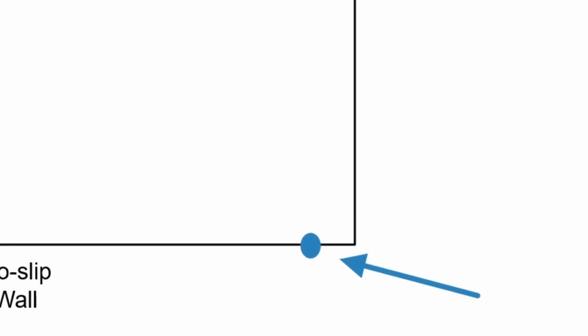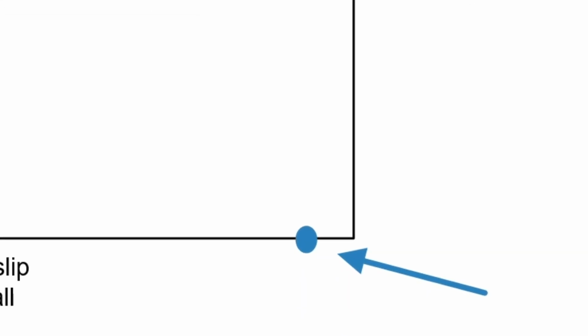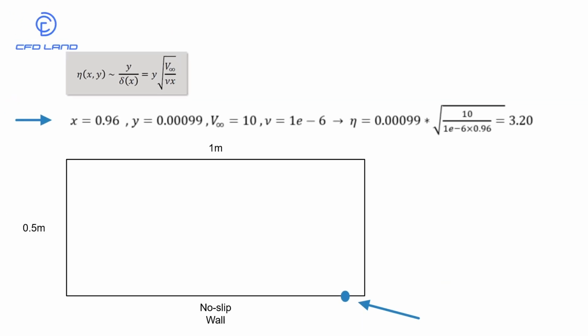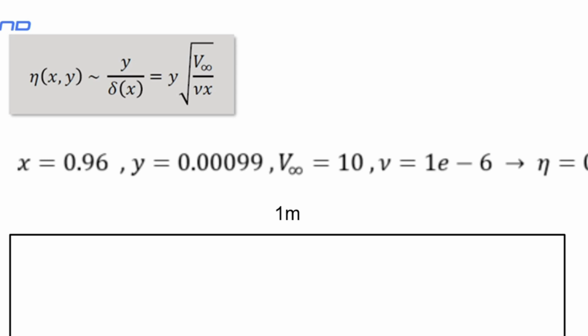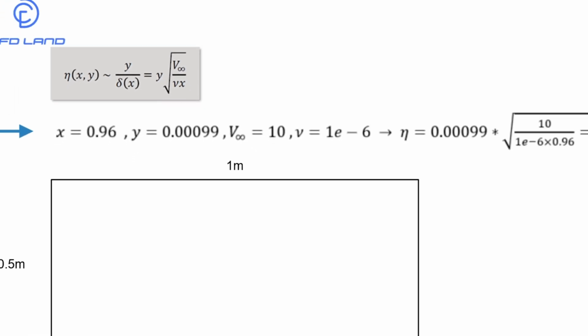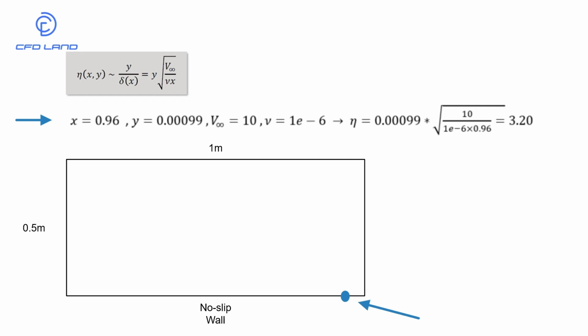As you can see, a point is specified near the outlet region, at which we're going to investigate the velocity profile, both with Blasius exact solution and also our CFD simulation. The coordinates of this point are x and y values of 0.96 and 0.3099. Regarding the 10 meters per second uniform velocity magnitude and also the kinematic viscosity of liquid water, eta is calculated. It equals 3.2.